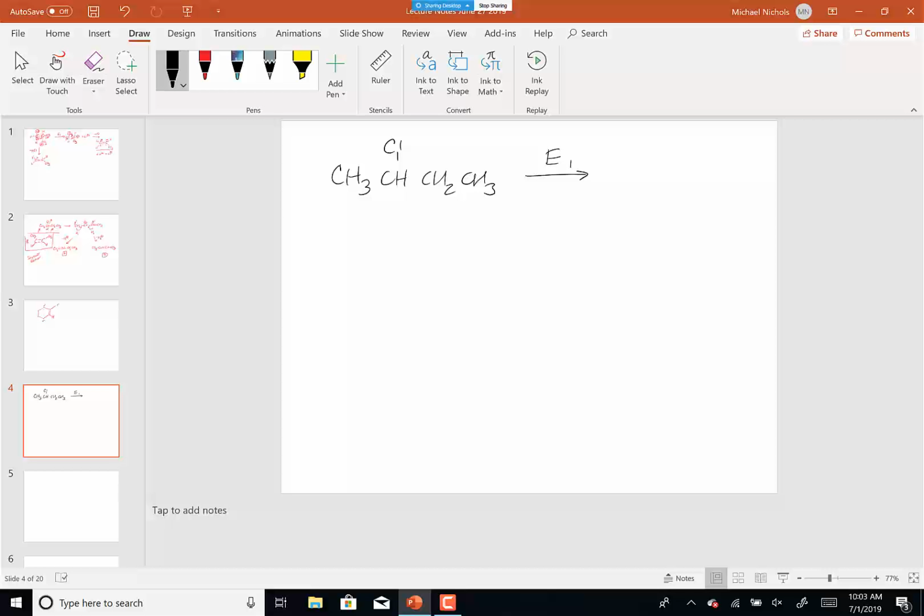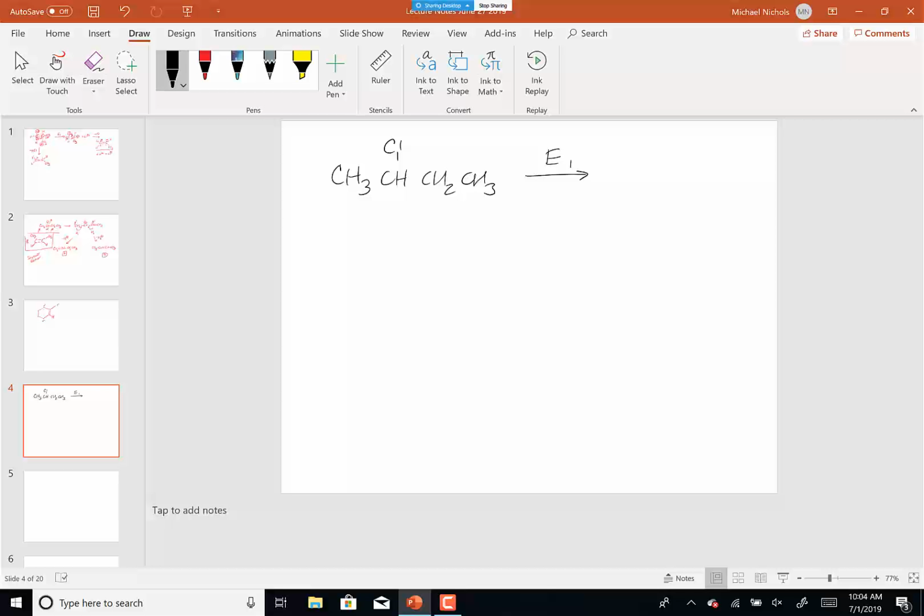And you can only do an E1 mechanism on a secondary or a tertiary alkyl halide because the first step is going to be the same as an SN1 reaction. And the more important thing is that the idea of the one mechanism is it involves a carbocation intermediate, and a two mechanism does not.